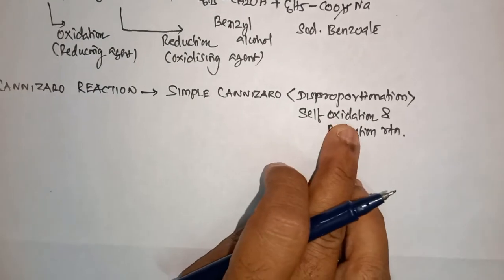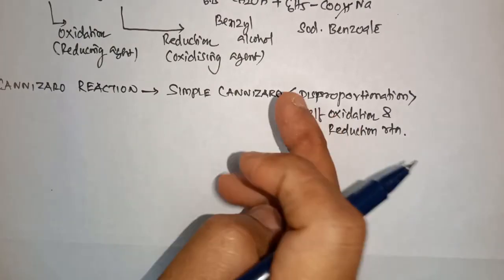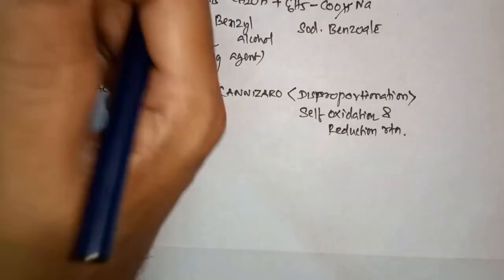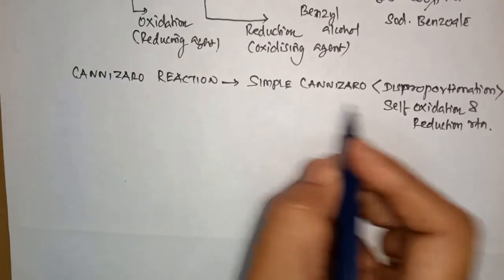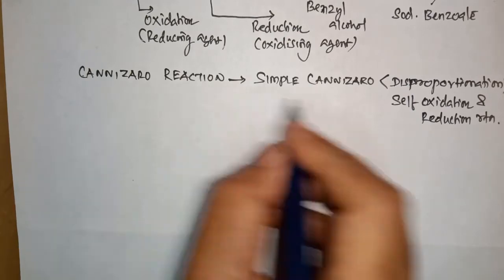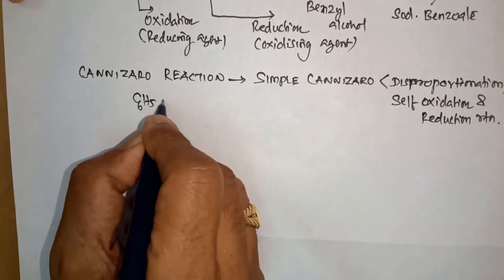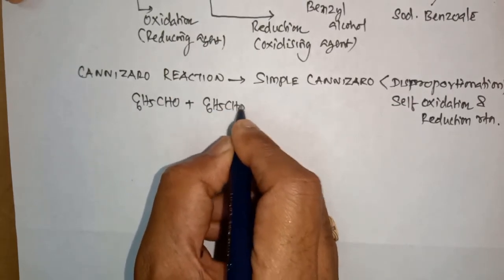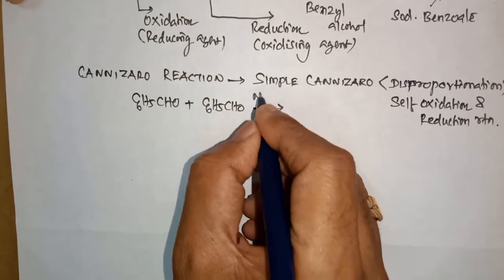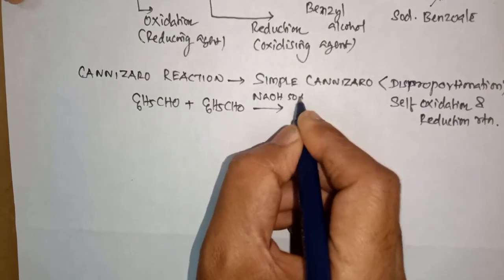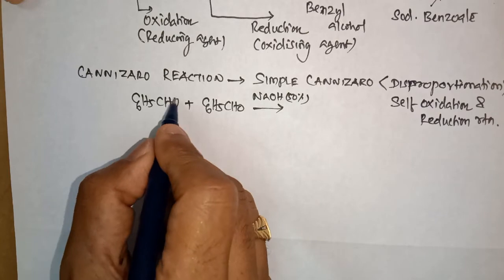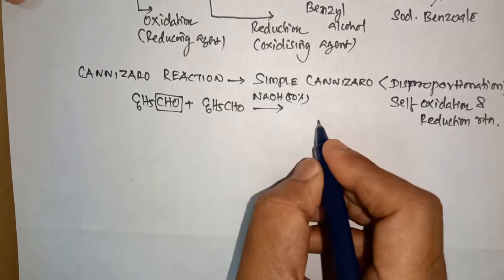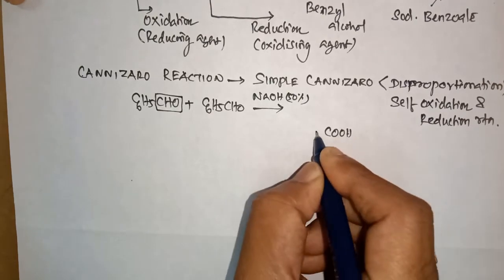Why is it called self oxidation and reduction? One is undergoing oxidation with the help of an oxidizing agent that is the same type. Suppose in the simple case I take the reaction of benzaldehyde, C6H5CHO plus C6H5CHO, added with sodium hydroxide 50%. One molecule is undergoing oxidation, so CHO becomes COOH.